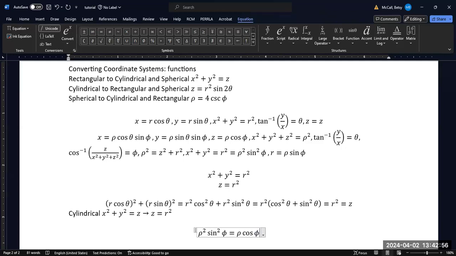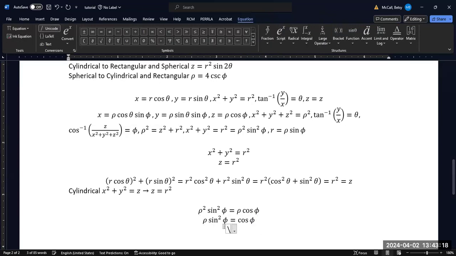And then we would divide out one of the rhos, so rho sine squared phi equals cosine phi. And then to solve for rho, we would have rho equals cosine over sine squared, cosine over sine is going to be cotangent, and then one additional sine would make it cosecant.